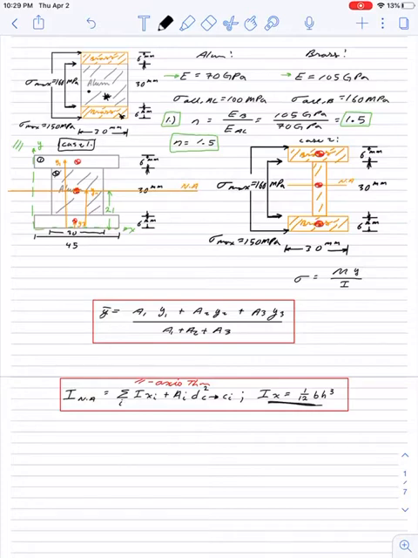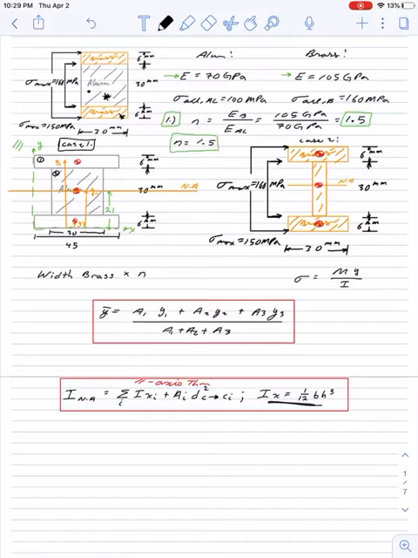So we can't change the height, but we can change the width. What we're going to do is get the width of brass and multiply it by the N ratio, because we're going to need how much more aluminum to compensate for the strength of brass.